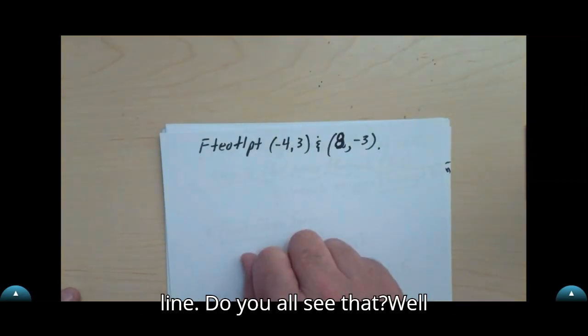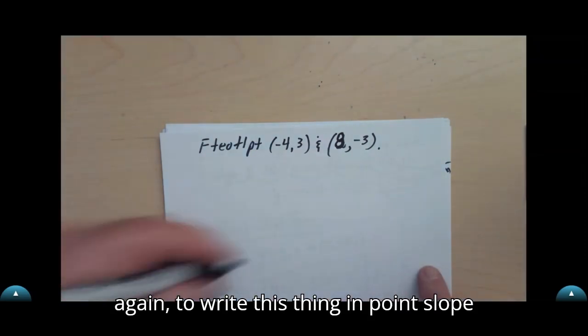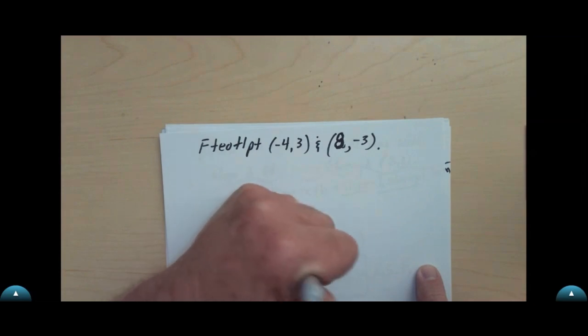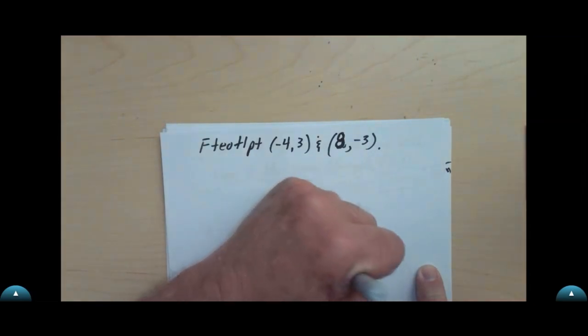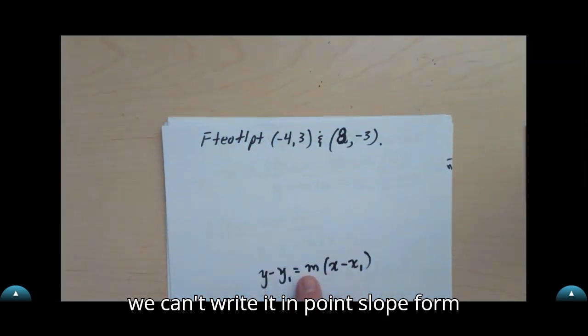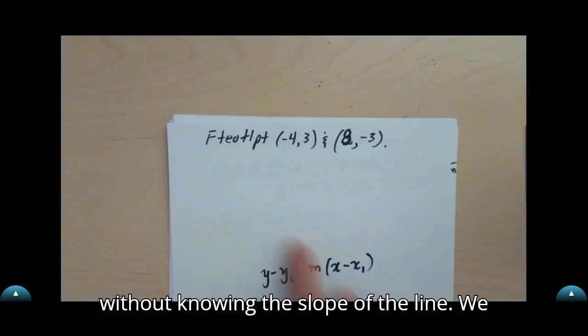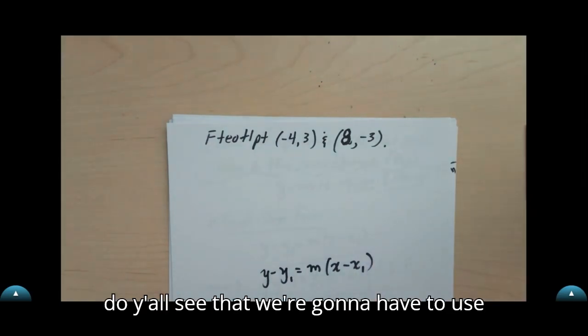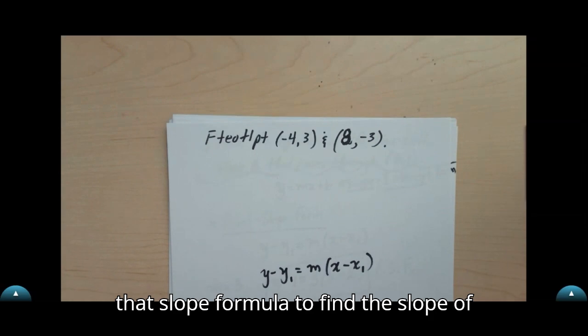Do y'all see that? Well, again, to write this thing in point slope form, we can't write it in point slope form without knowing the slope of the line. We weren't given the slope of the line.